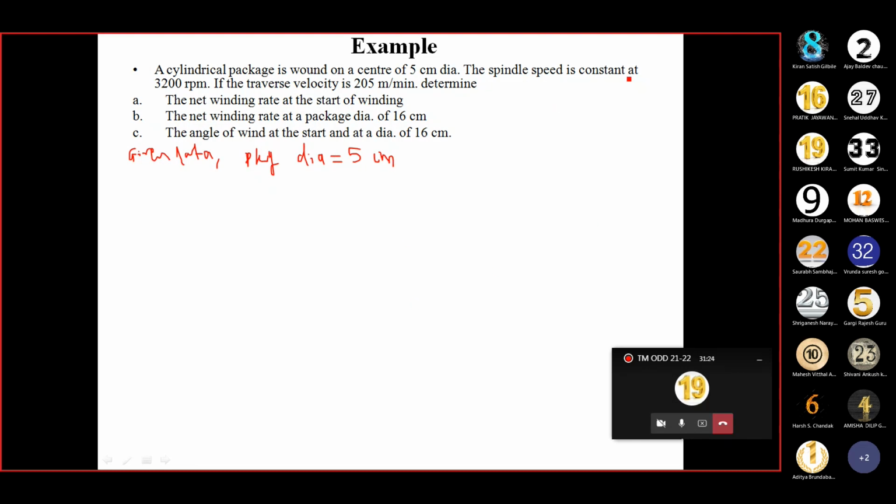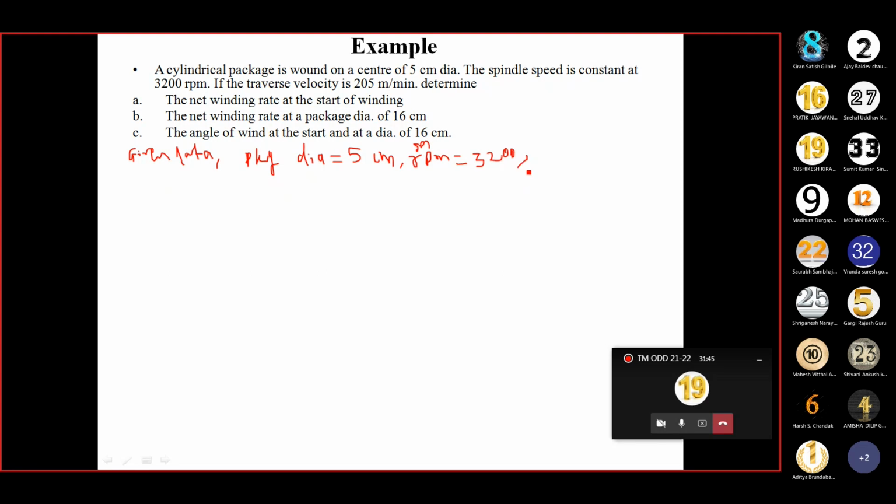The spindle speed is constant at 3200 RPM. It means what? They have given the RPM of spindle. You can write here spindle RPM, 3200. Okay.